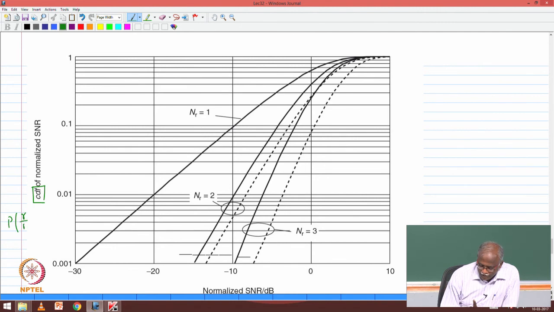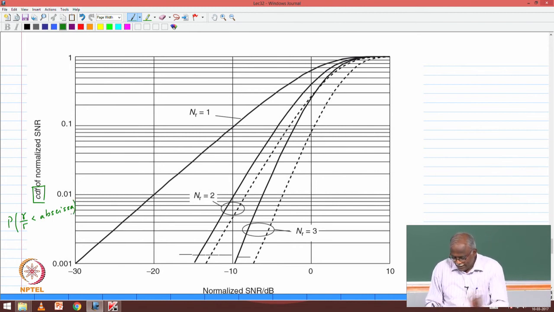It is the probability of gamma divided by the average SNR being less than what is on the x-axis, the abscissa. This is exactly what we have drawn before, this dark line. You can verify that for Rayleigh fading that is the case, and confirm that even for the SNR you will get exactly the same cumulative distribution function.